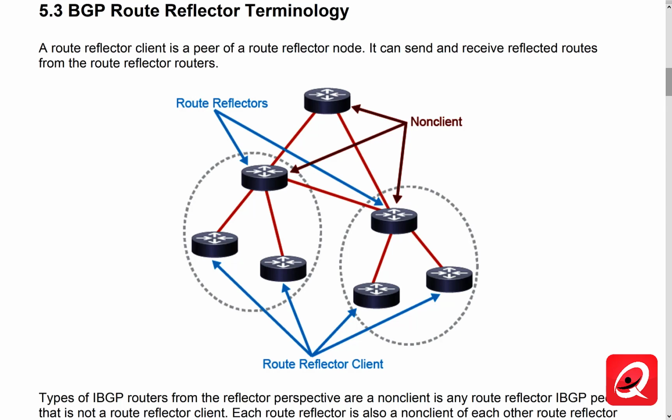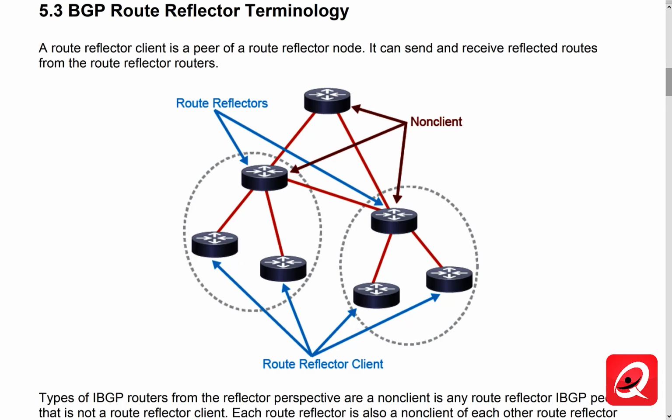If you have a small number of routers, not a problem, right? 10 routers or so, you might need about 45 or so sessions. 15 routers, you would need over 100 sessions. So as the number of routers increases, so does the number of BGP sessions that are required to establish a full mesh of iBGP peers. So the solution isn't scalable, right?